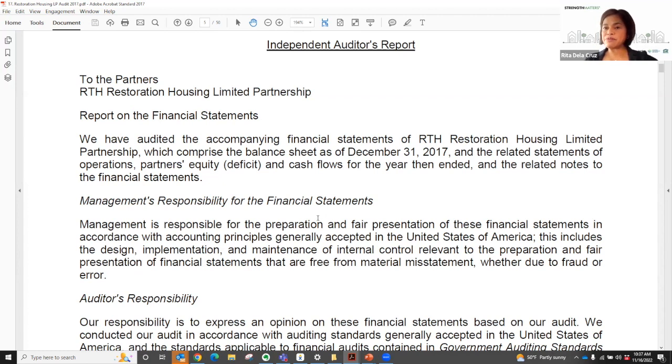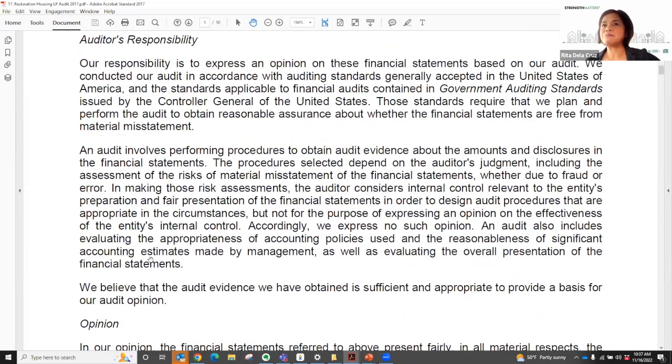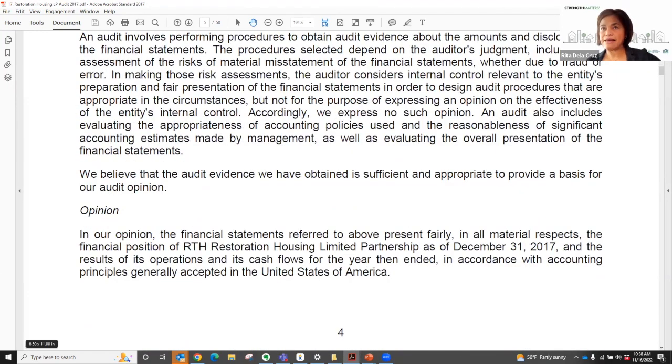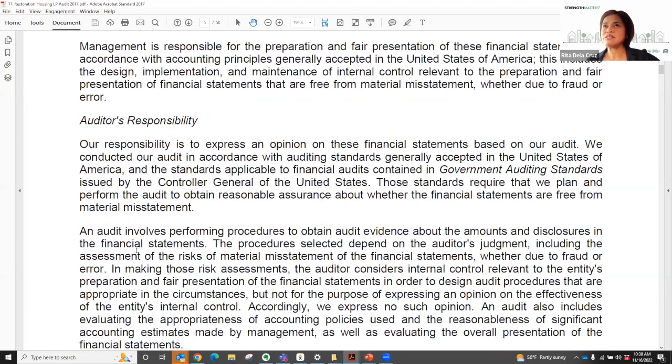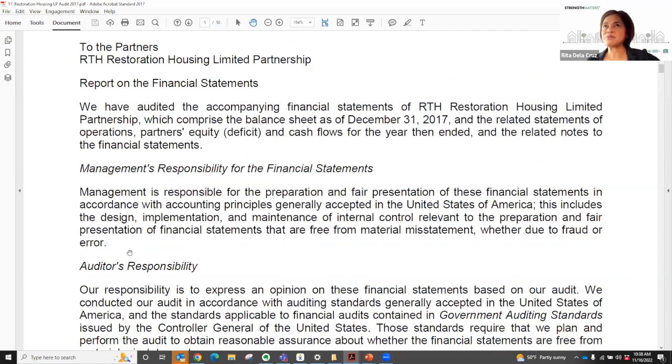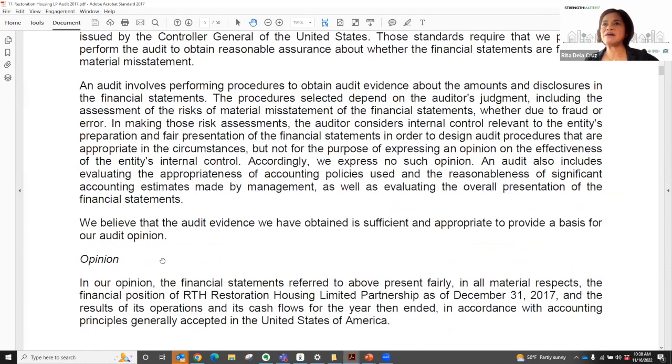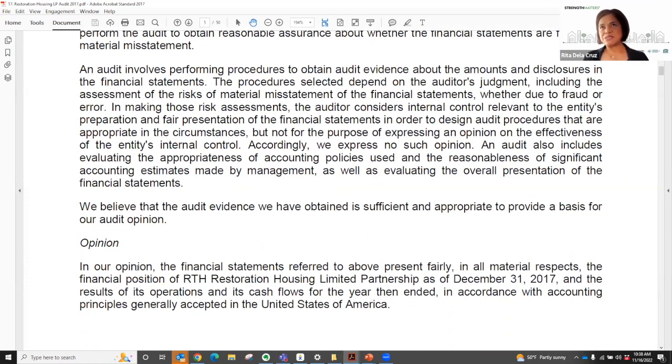But for 12/31, you'd see it maybe for the first time, where the opinion, which usually is in the last section of the auditor's report, will be right here at the top when you look at your December 31, 2022 audited financials. It's going to be really longer than this, because all of the management responsibilities will be included.